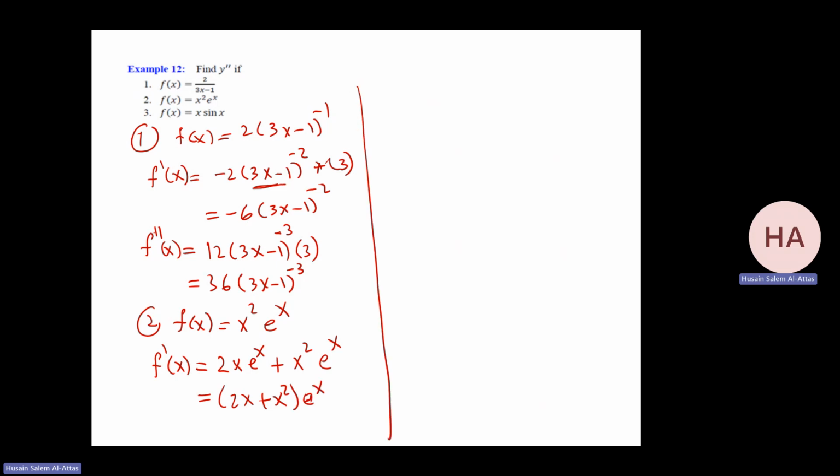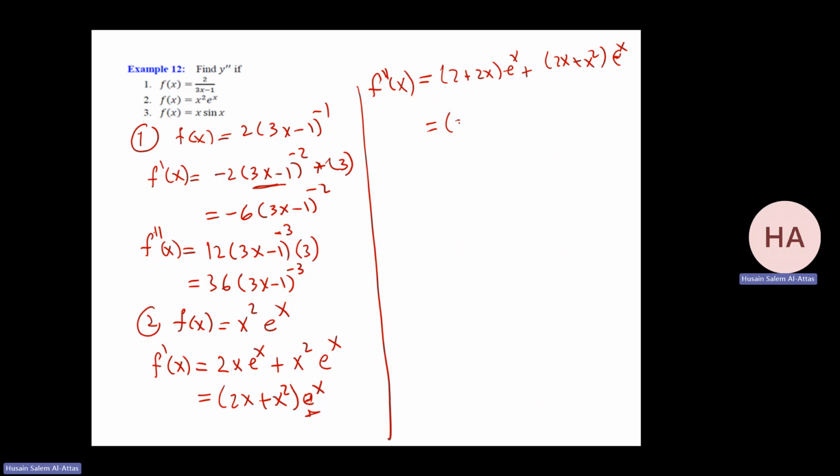Now, what I will do, I'll find the second derivative of this. Where I'll do the derivative again. Now I have product of 2 functions. So the derivative of the first, what's the derivative of this? It's 2 plus 2x times the second, plus the first times the derivative of the second, which is e to the power x.